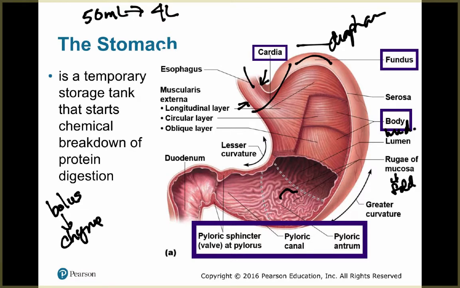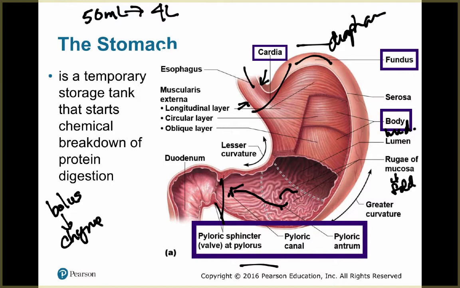And then you can see at the end is the pyloric area. This is the wider and more superior part of the pyloric region. So you can see the pyloric antrum, the pyloric canal here, and then the pyloric sphincter over here. It starts with the superior region, which is the antrum, and then it goes through, and the canal gets even more narrow, and it terminates in the pylorus, specifically this region that's called the pyloric sphincter.